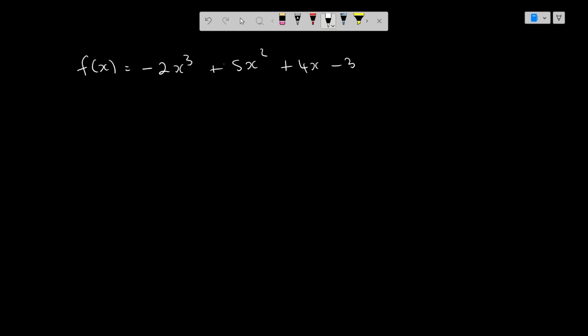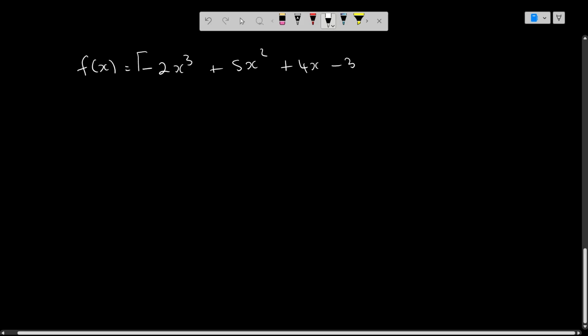Basically, your teacher would have told you to find a value of x that will make this expression equal to 0, and that value of x is mostly in the range negative 3 to 3.